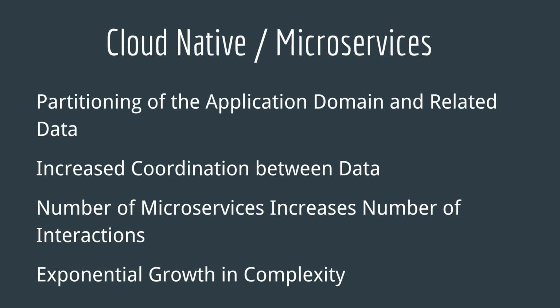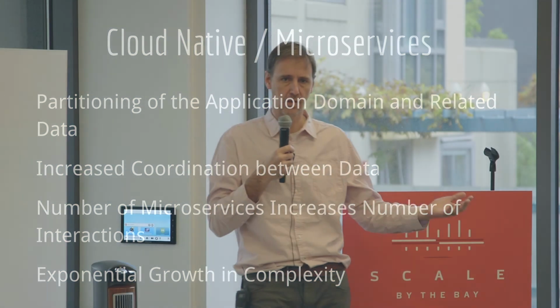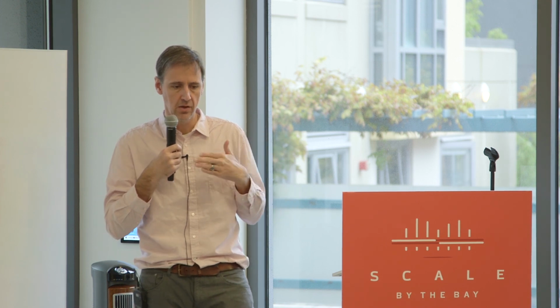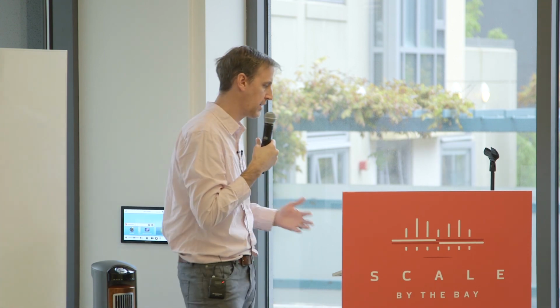So how do I figure out which services are dealing with which data, who's dealing with the events, who's writing these events? And I'm having to deal with a lot of increased coordination between these services. So if I have different services who are having to coordinate on a particular event, where one reads and one writes, how do I do the coordination between these? So all these kinds of things, as things scale up with microservices, you get an exponential growth in complexity, which makes things a lot harder to deal with.